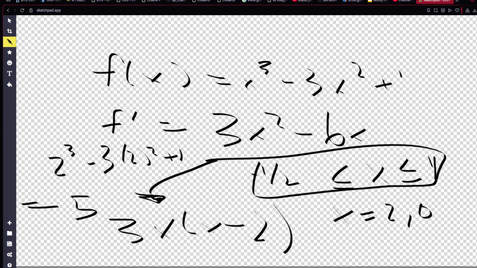What am I doing? Because that's a negative. Yeah, negative 3. So that means there is an extremum at negative 3. Then we do the other one, and we plug 0 in to get that f of 0 is equal to 1, and f of 2 is equal to negative 3.